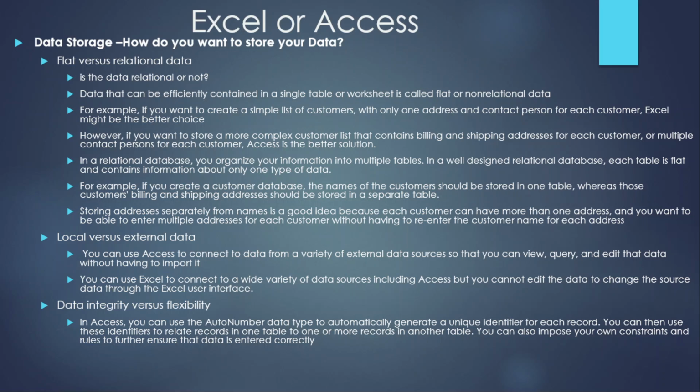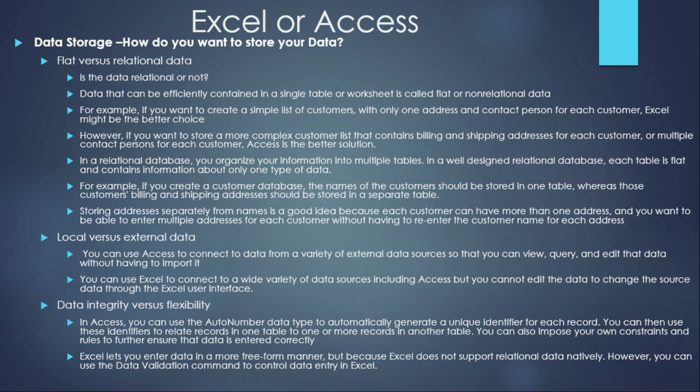Data integrity, where you don't want duplicates and you want data in a certain way, or flexibility. These are the things you take into consideration as you choose. Like I mentioned, for Excel there's data validation, so there's more freedom in entering data in Excel than in Access.